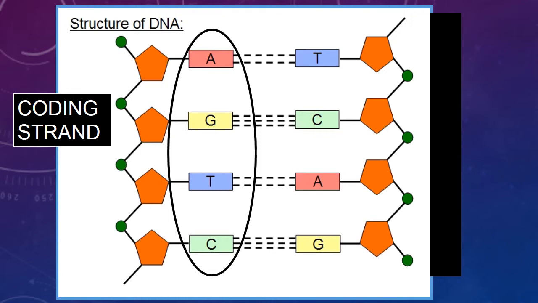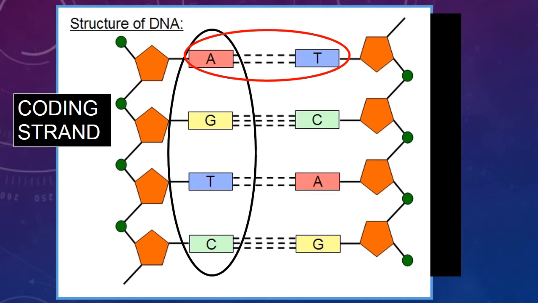There is no chemical attraction. There's no bonding that is going on. The only bonding that occurs is on the opposite side. And the A's always bond with the T's. Apples go on trees. And the G's and the C's always bond together.